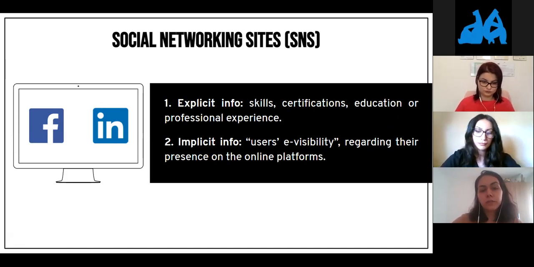But we can find common traits between all these social platforms. That common trait is that we can categorize information into explicit and implicit. Explicit information usually refers to skills or certifications that are included in your online profile, while implicit information usually correlates with the user's e-visibility regarding their presence on the online platforms.